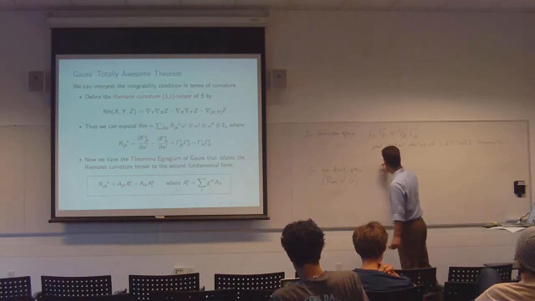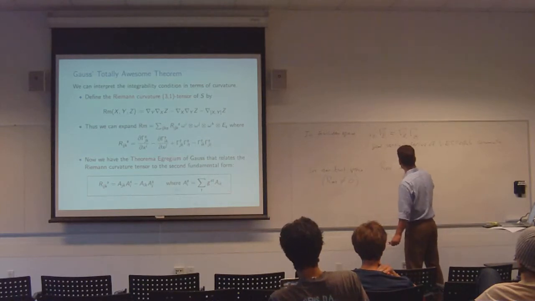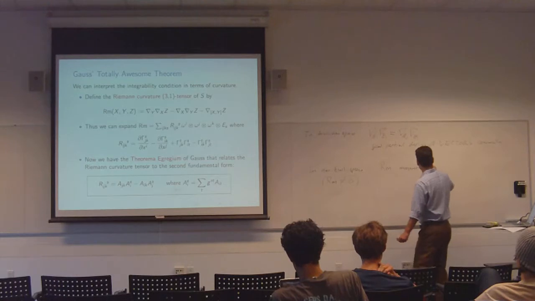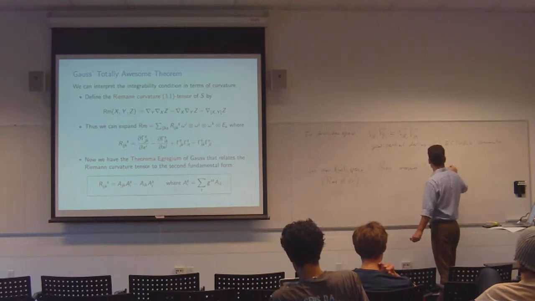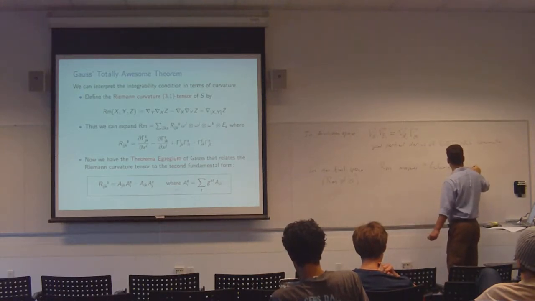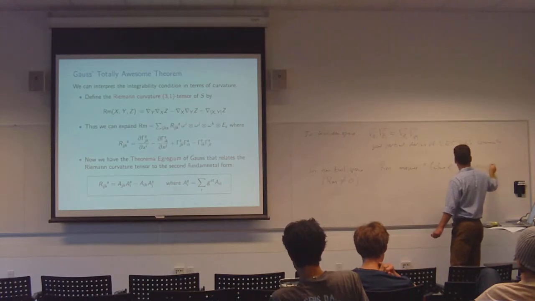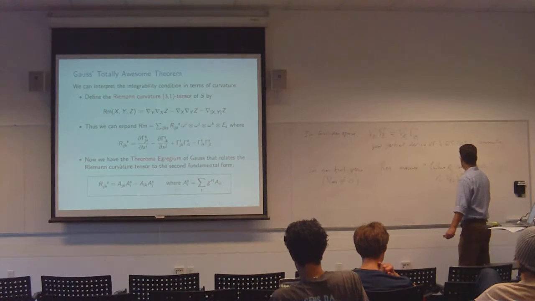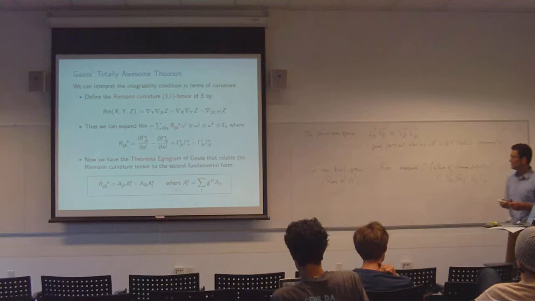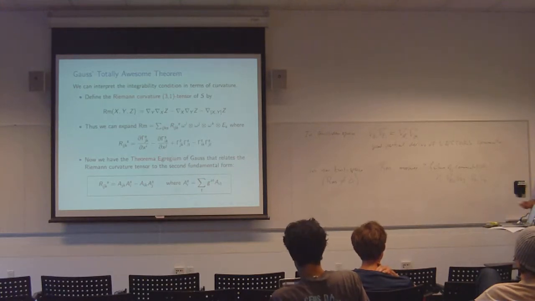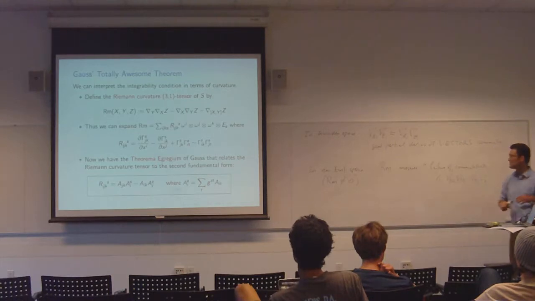In non-Euclidean space, this measures the failure of commutativity of EI, EJ minus EJ, EI. So that's a different way of proposing an intuitive understanding of what the Riemann curvature is supposed to measure. It's supposed to measure the failure of commutativity of this thing.